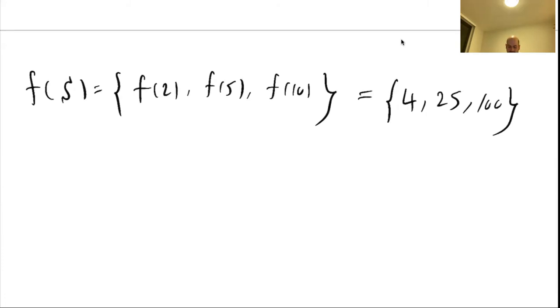Okay. Now, another concept which is very important and is mentioned in exercises is inverse image. Inverse image of a set.